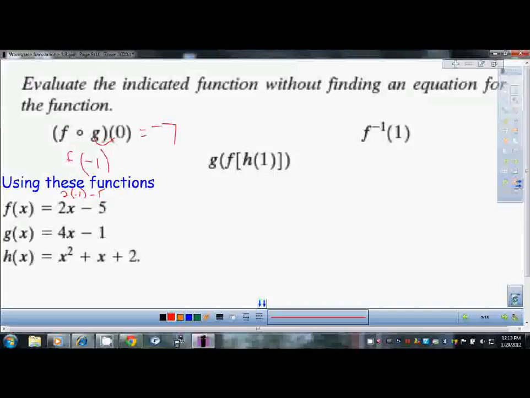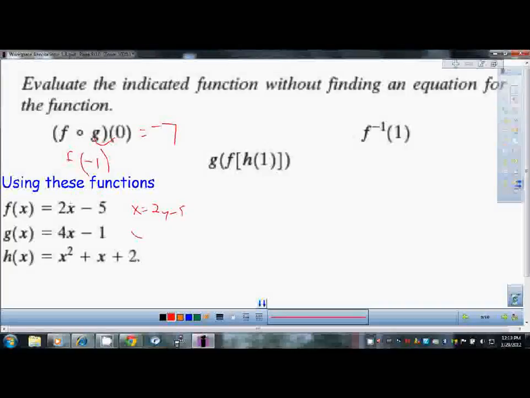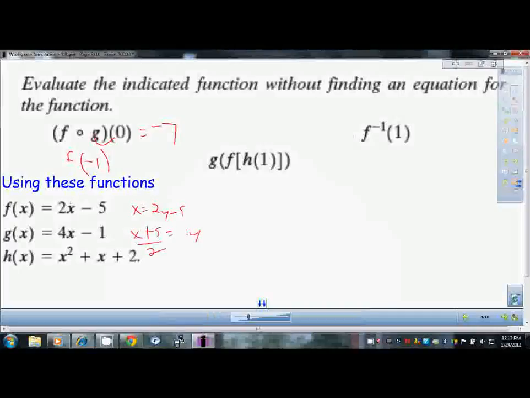Now, this one, there's 2 ways to do it for an inverse. A, you could find the inverse. So we go to the f function, find the inverse. So that's x equals 2y minus 5. X plus 5 equals 2y, divided by 2. And you get your inverse, right? You found it. And you could plug 1 into that. 1 plus 5 over 2 equals 3.